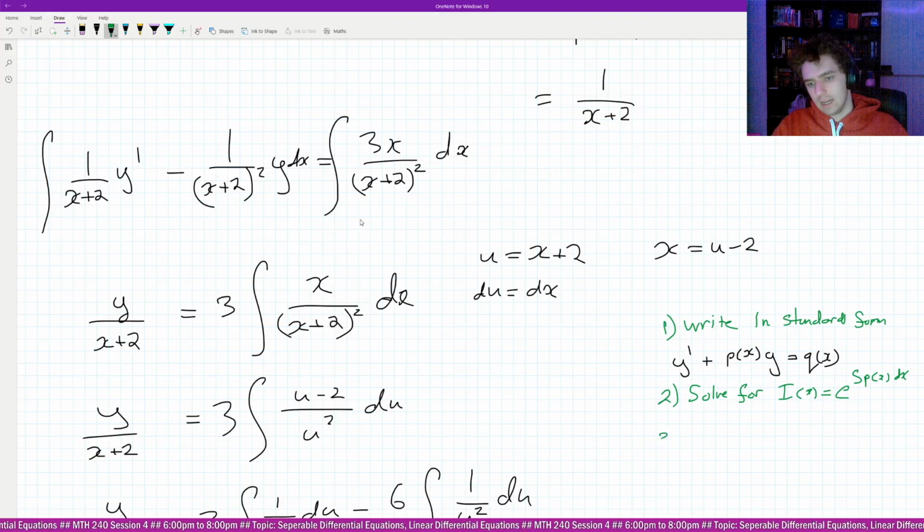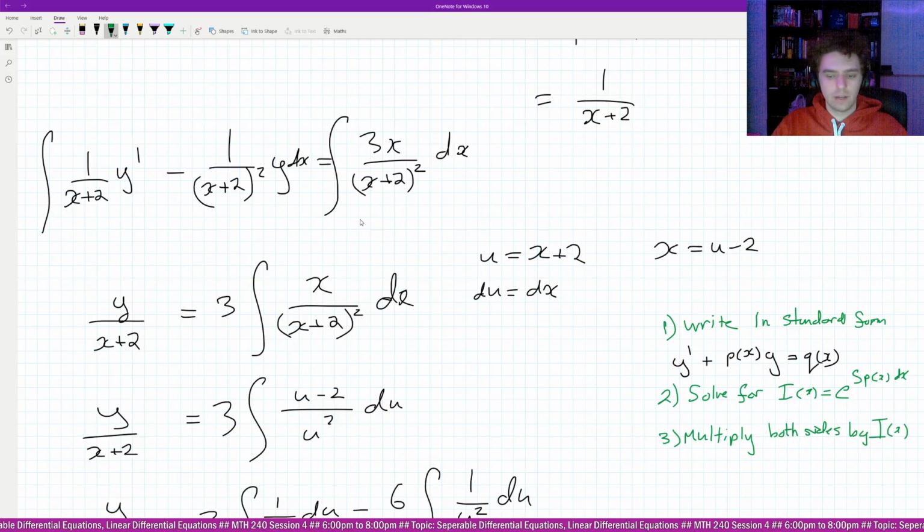And then multiply both sides by I of x, the integrating factor, and then step 4 is simplify and solve for y.